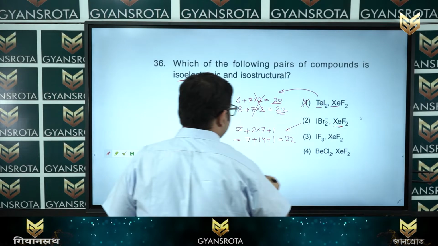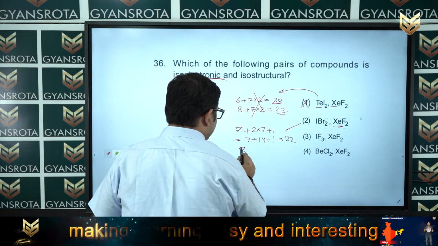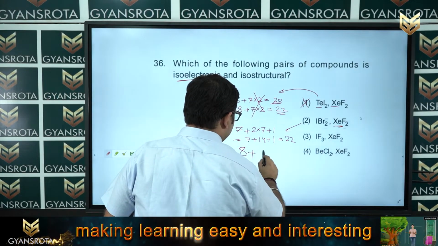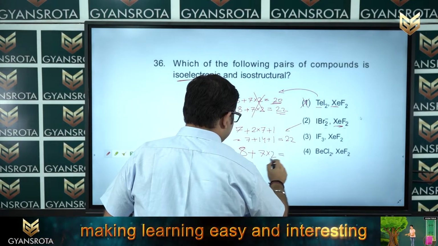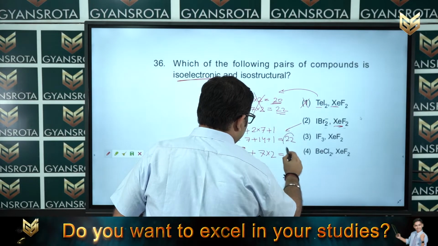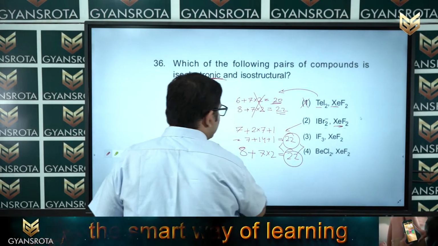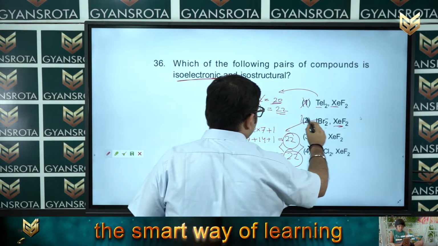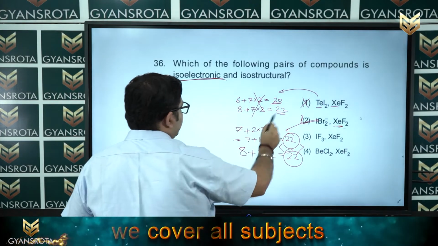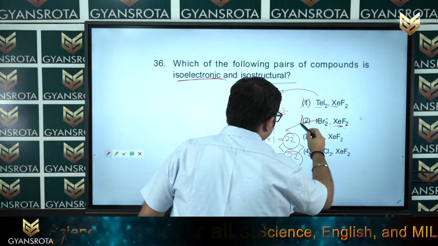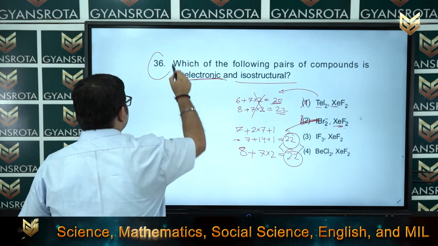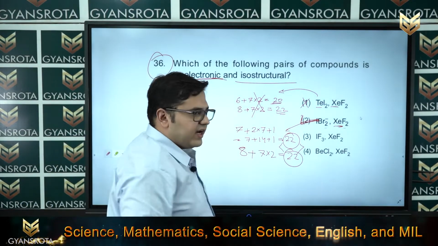For the other one, XeF2, for Xe it is 8, for F2 7 into 2, that is 14, and 14 plus 8 becomes 22. See, these two are the same, the total electron count is the same. So, option number 2 is isoelectronic and isostructural. Option number 2 is the correct answer of your question number 36.